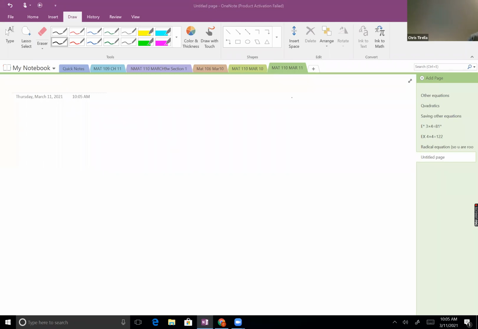Let's look at another example. Let's look at x minus the square root of x plus 11 equals 1. And again, with these, what we want to do first is get that radical alone. So let's subtract x from both sides.